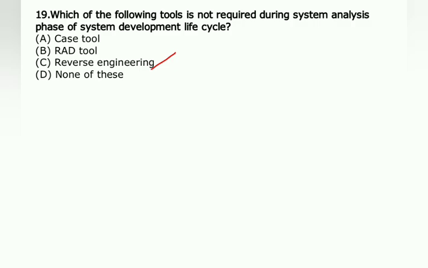That involves joint application development, prototyping and implementation of CASE tools. The advantages of rapid application development are speed, reduced development cost and active user involvement in the development process. So that's why reverse engineering is not required in the analysis phase of the SDLC lifecycle.